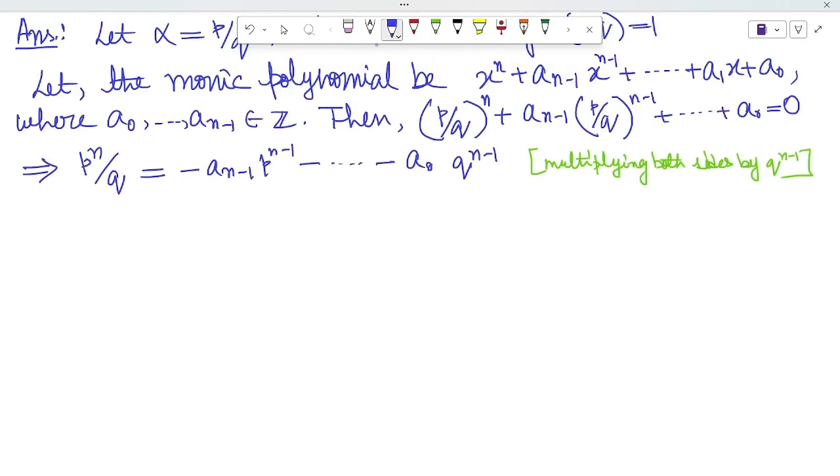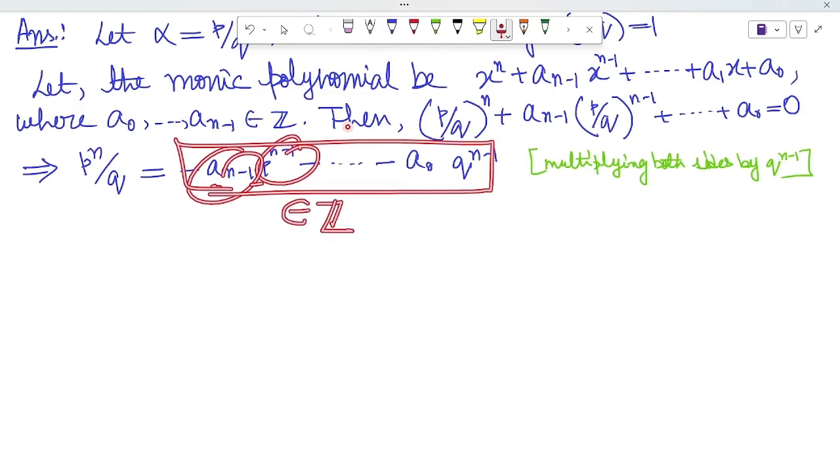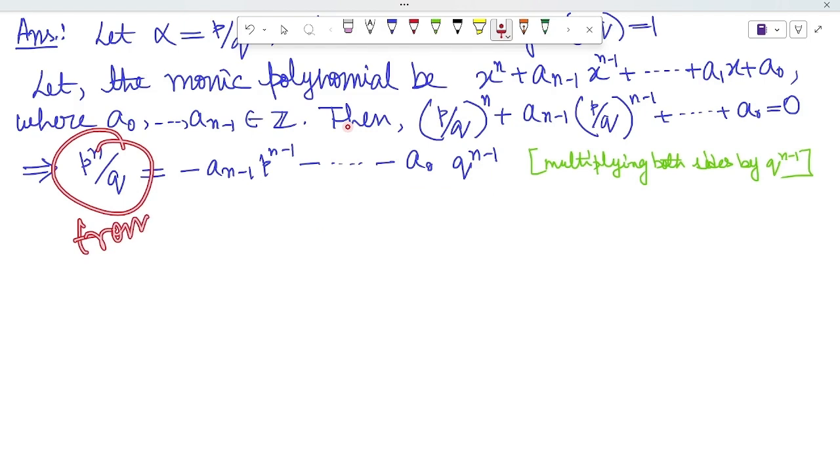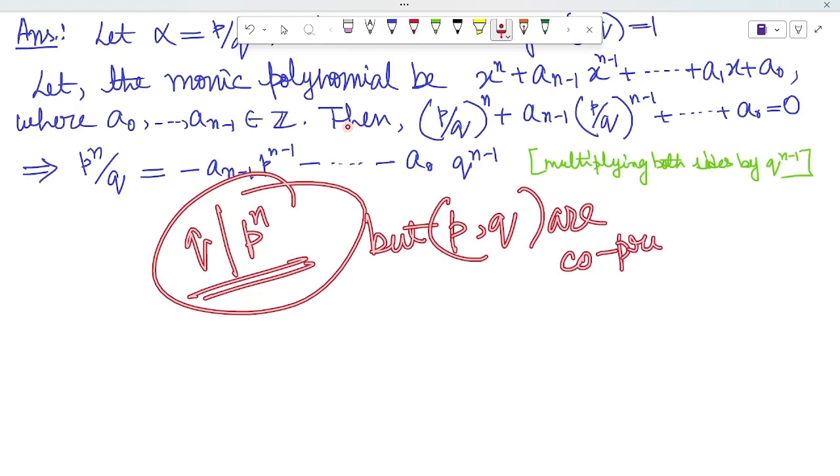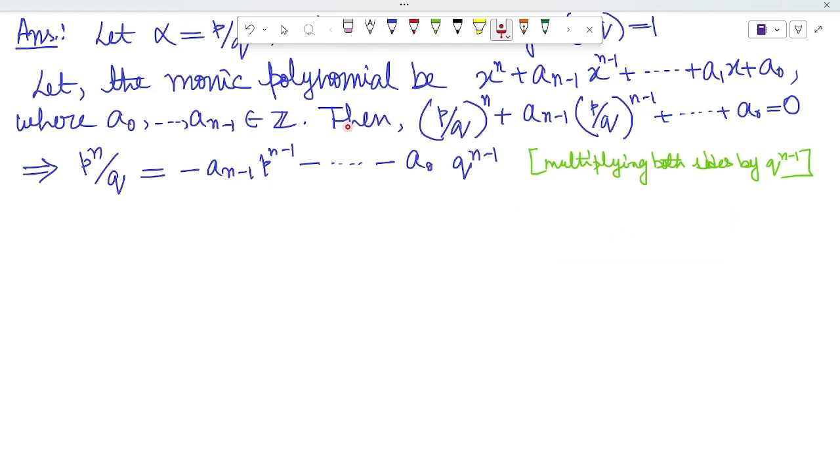So observe that this is from Z, this is also from Z, so the whole thing is from Z. So this thing also must be from Z. That means q divides p to the power n, but p, q are co-prime. p and q need not be prime, but they are co-prime.